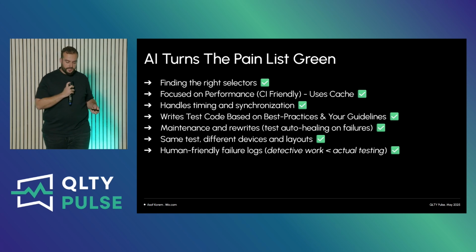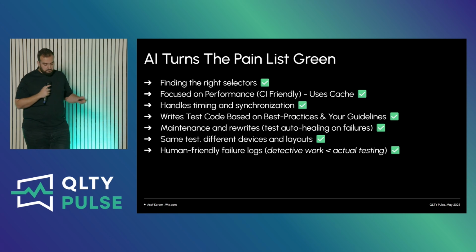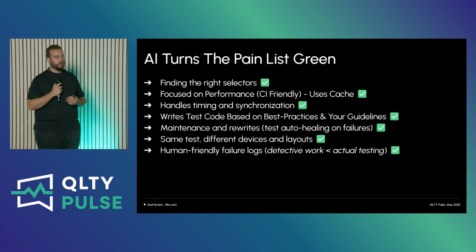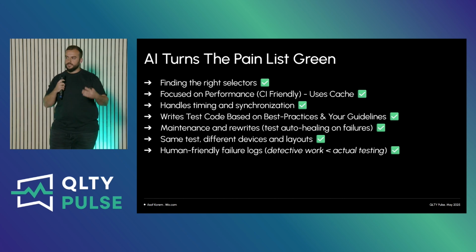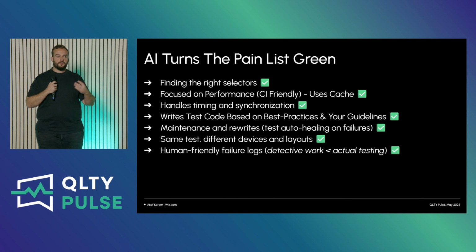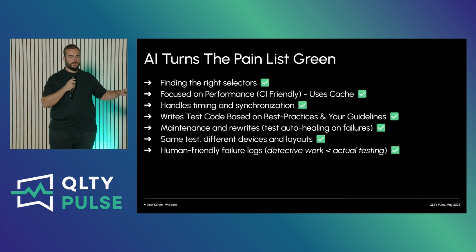So it does that better than me, for example. Also, it has auto-healing. For example, if a test breaks because something changed under the hood in the code, you can run the test again and override the cache with a new cache of test code, without changing your test or handling it manually.